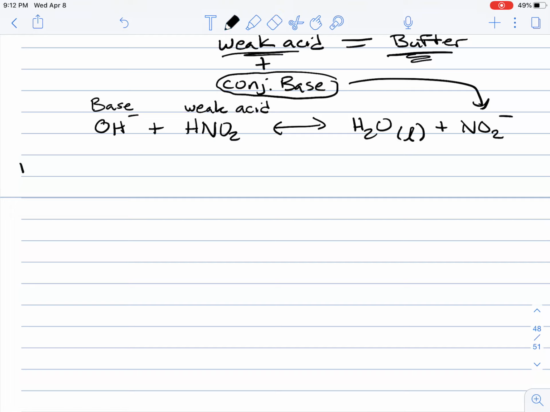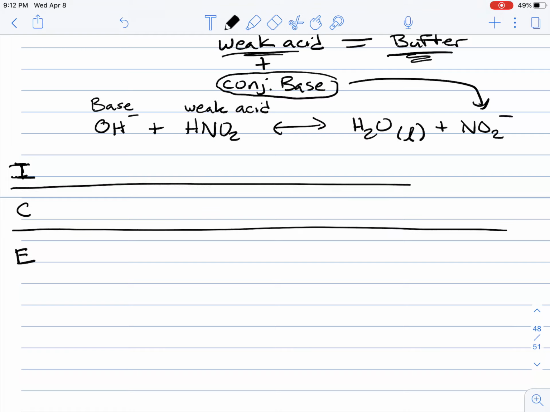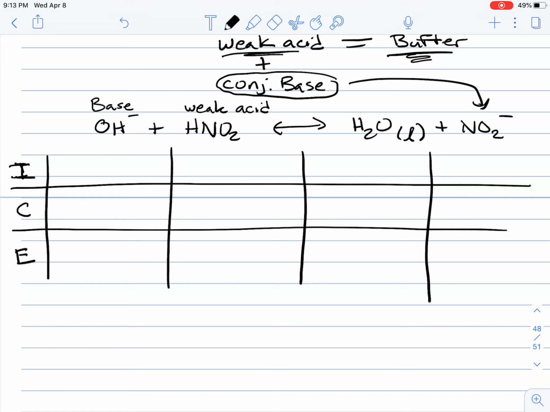If we can somehow determine the initial amount of hydroxide, then we can use the molarity given for hydroxide to figure out how much volume we actually need of it. In this ICE table, we can ignore everything in the third column because it represents water, which is liquid in state.